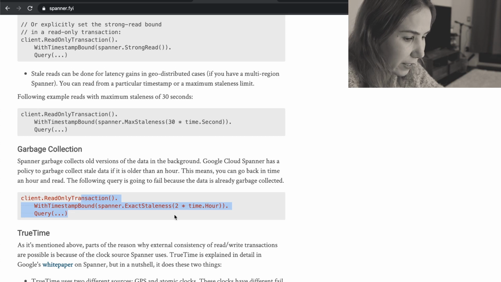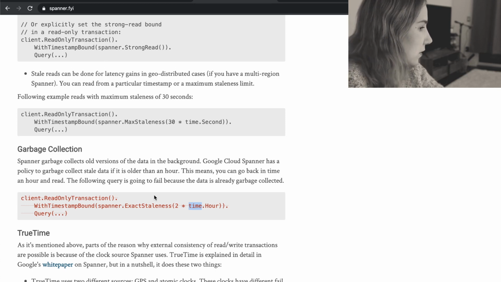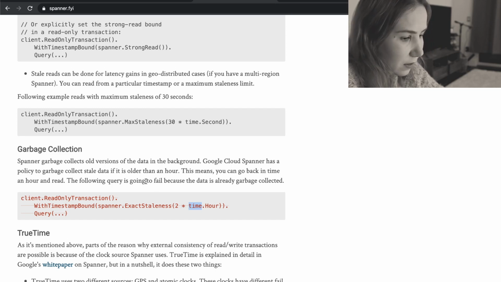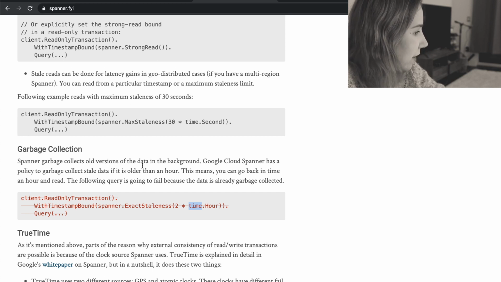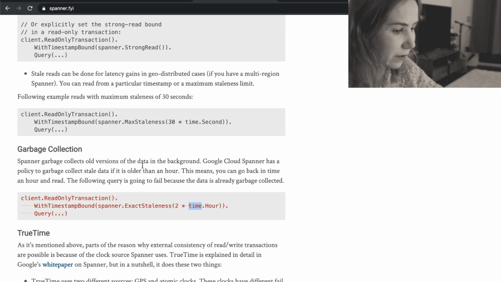The call is going to fail because it doesn't have the data. There's a garbage collector. Spanner just goes after things and garbage collects the stale data. That's why there's this buffer of 1 hour, so you can go back in time and read things, but after an hour, all of that data is going to be gone.